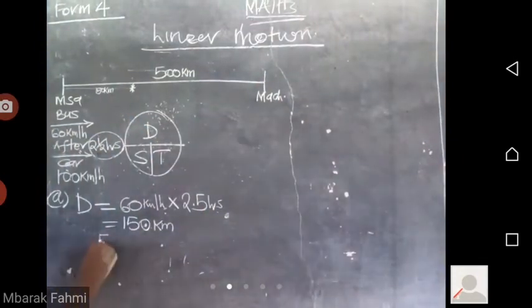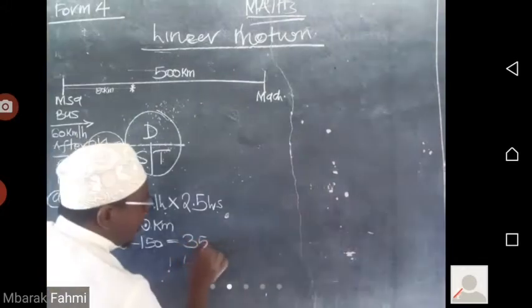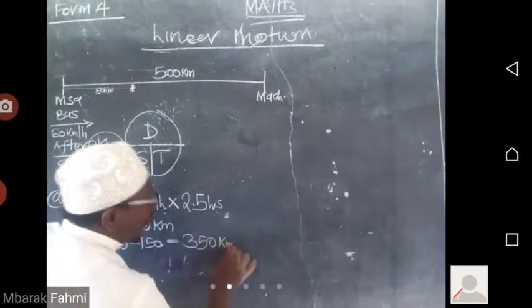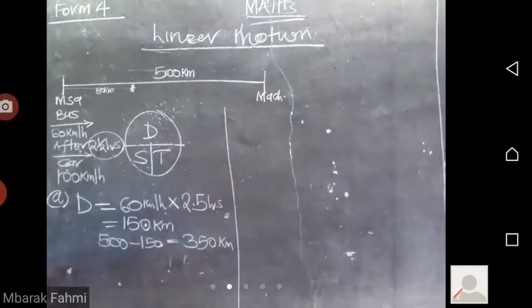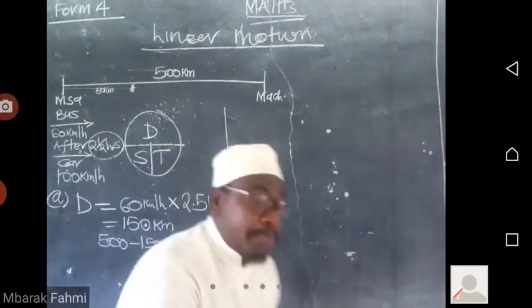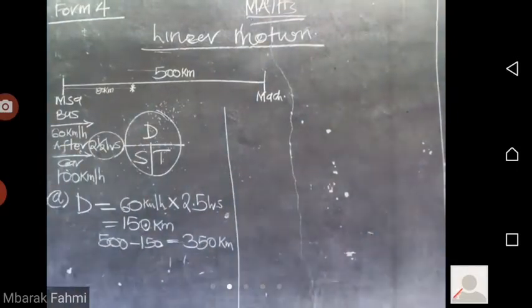That will be 500 minus 150, which gives us 350 kilometers. So that is part A of the question. Hope we are okay with that.